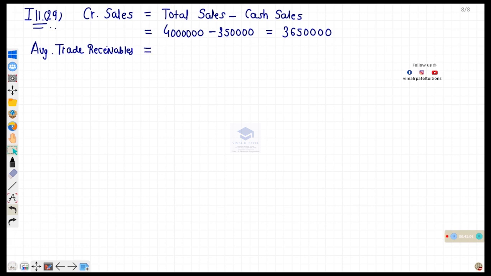Average trade receivable, that is opening balance of debtors and bills receivable plus closing balance of debtors and bills receivable divided by 2.